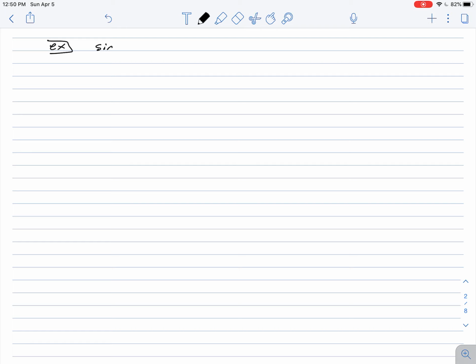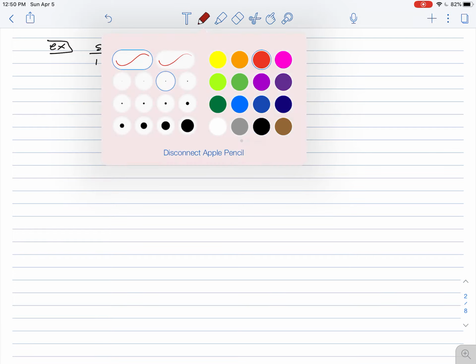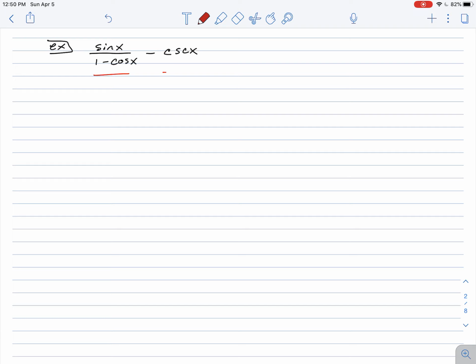Let's look at sine x over 1 minus cosine x minus cosecant x. Okay, there's two ways to approach this problem. One is that I notice that I have two fractions. I mean, cosecant is a fraction, it's over 1. I have two fractions and they're subtracted, so I could actually perform that operation.